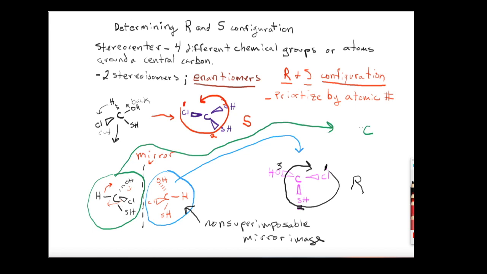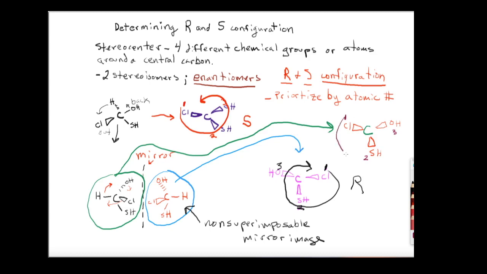All right? So that means that the Cl has to be here. And the OH has to be here. And the sulfhydryl, we rotated on it like it was a peg leg or something. So it's here. Now, this is number 1, this is number 2, and this is number 3.